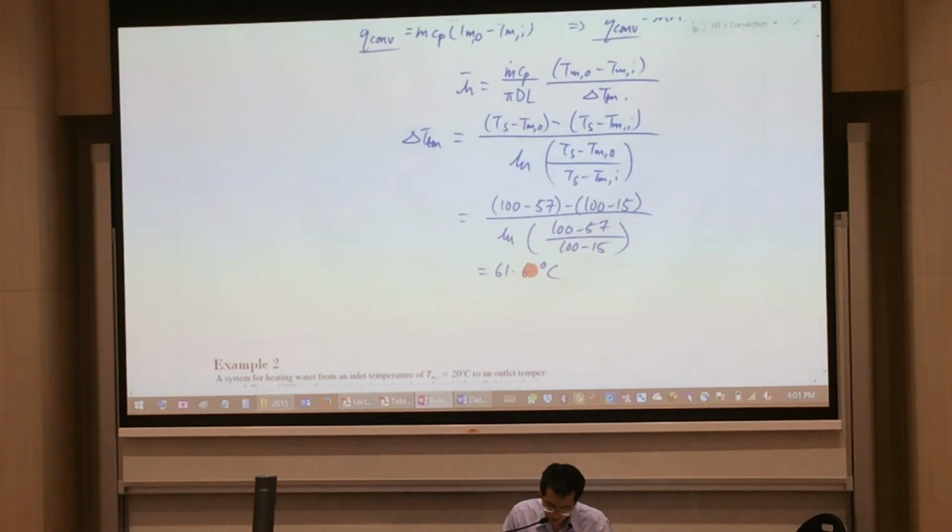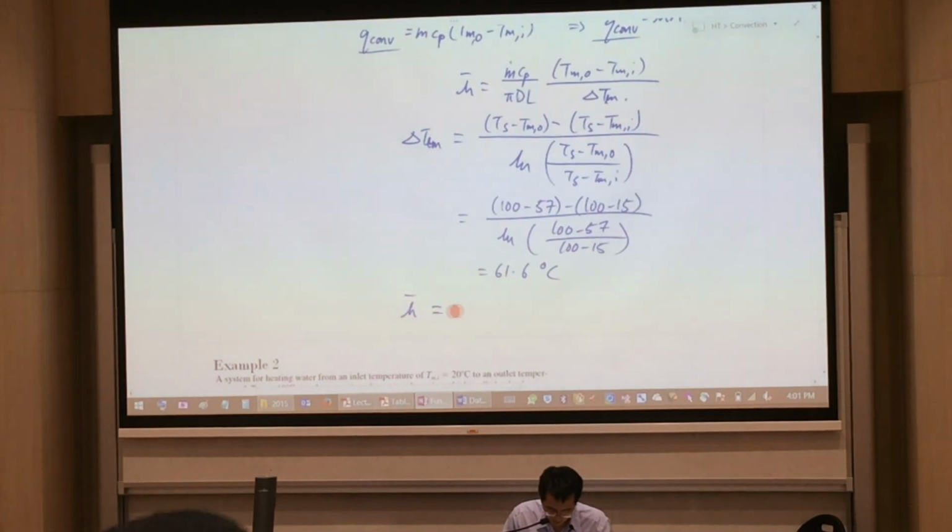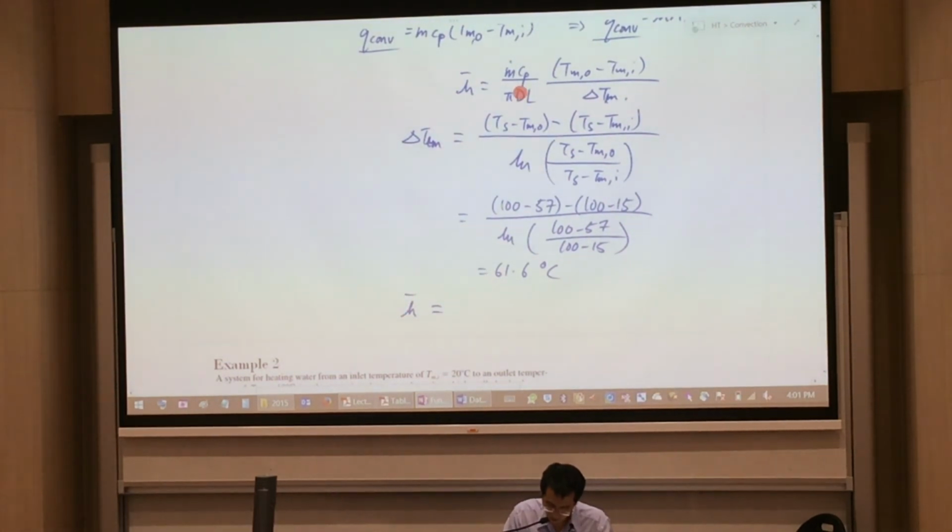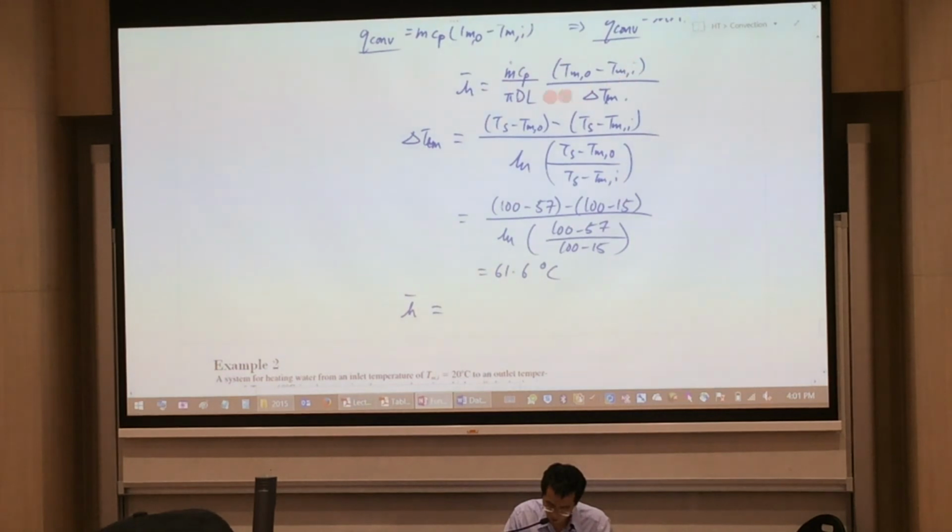We stick to degrees Celsius because all these temperatures are in terms of degrees Celsius. So now that I have my delta T log mean, my h bar here can be found. That will be using this equation, and I'm going to put in the constants that were given. The mass flow rate is 0.25. The Cp value is 4178, divided by pi.